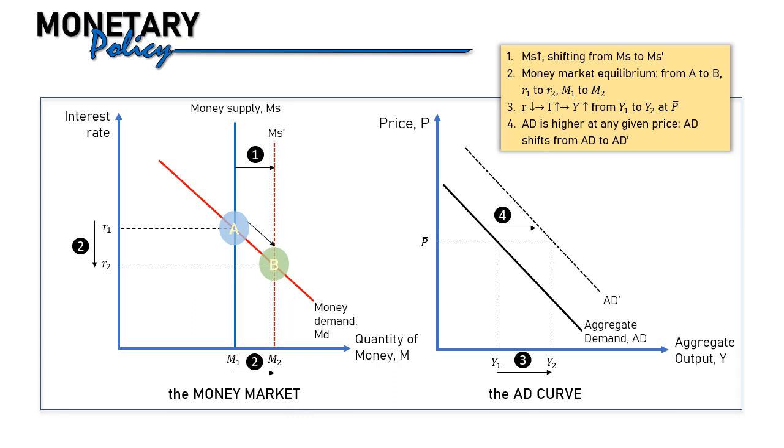The opposite will occur if monetary contraction, for instance, is adopted. Money supply decreases, the money supply MS curve shifts to the left, and interest rate is now higher. Higher interest rate decreases AD at any given price level, so AD shifts to the left. Monetary policy can also be described either in terms of the money supply or in terms of the interest rate.